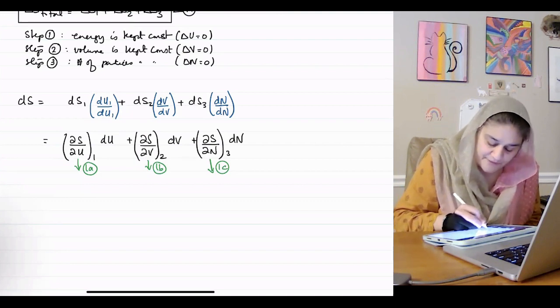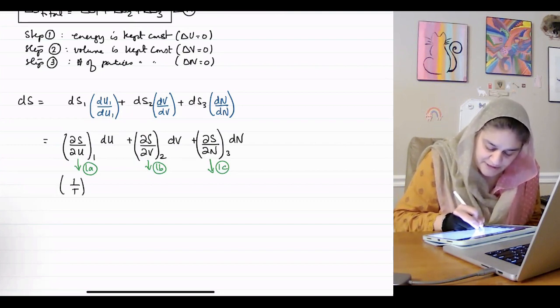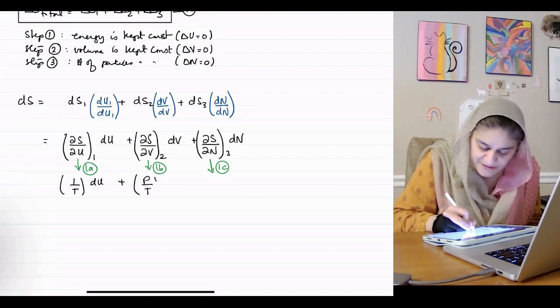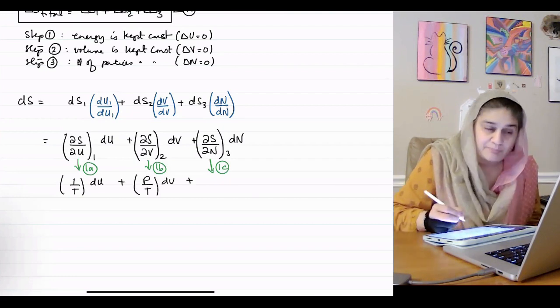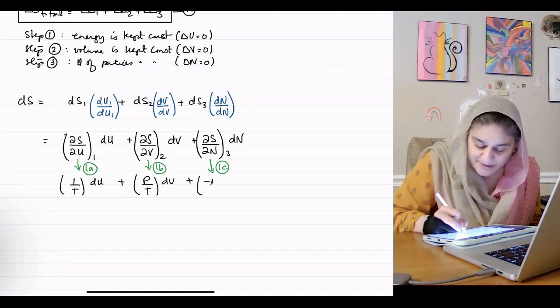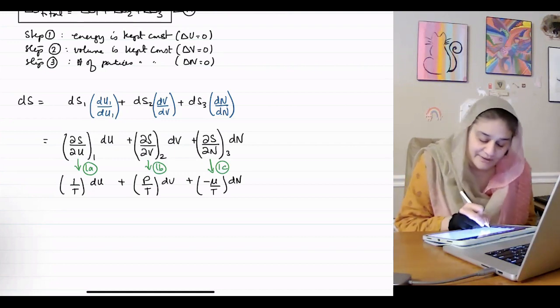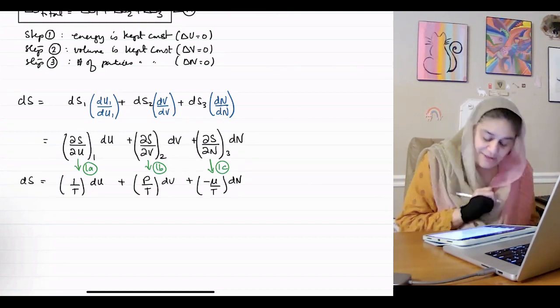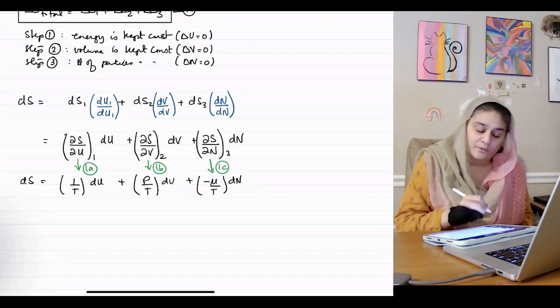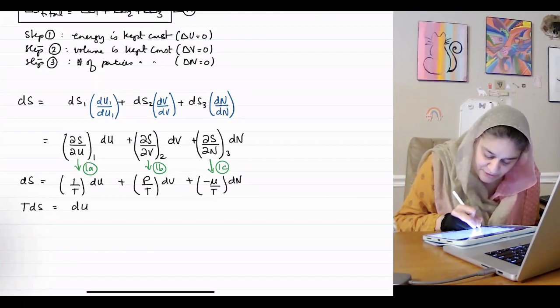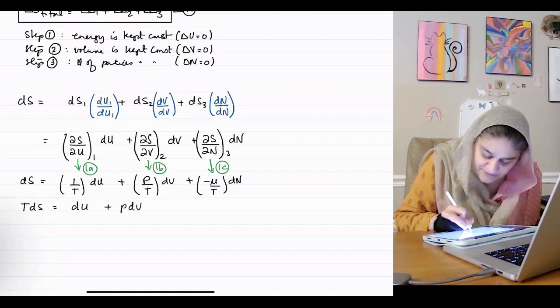So I can in fact write this as 1 over T dU plus P over T dV plus minus mu over T dN equals the total change in entropy. Or I can write this as TdS equals dU plus PdV minus mu dN.